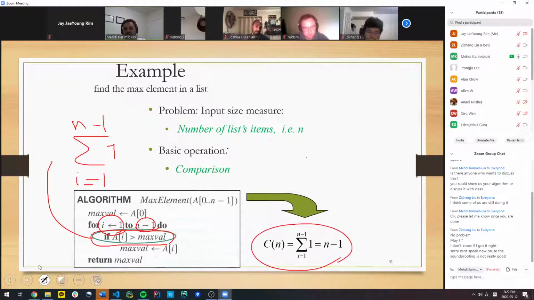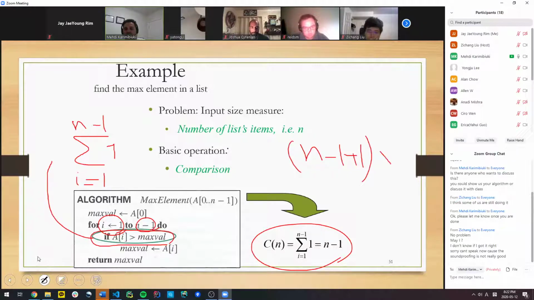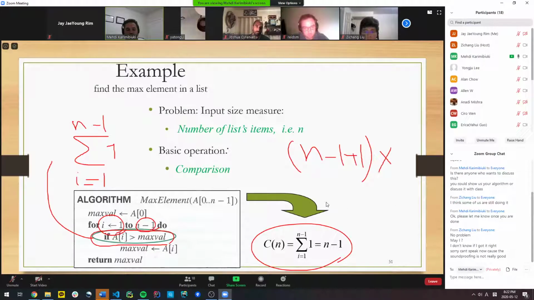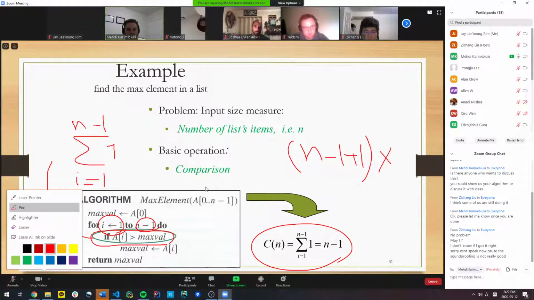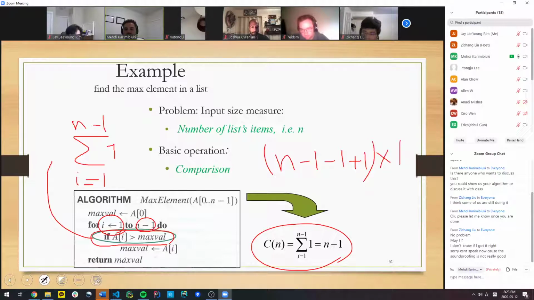So it's going to be n minus 1, minus 1, plus 1, times 1. So it's going to be n minus 1. Okay. We already have done it in different examples.